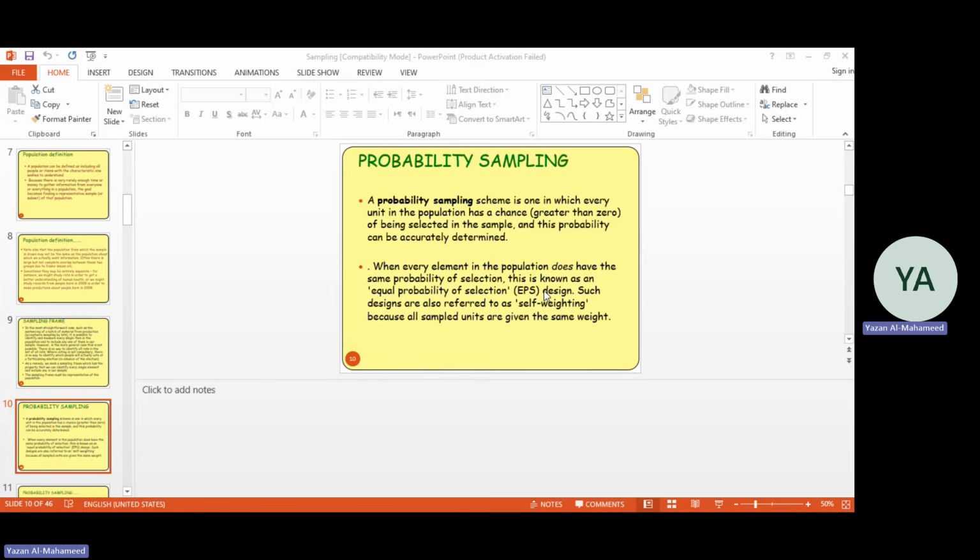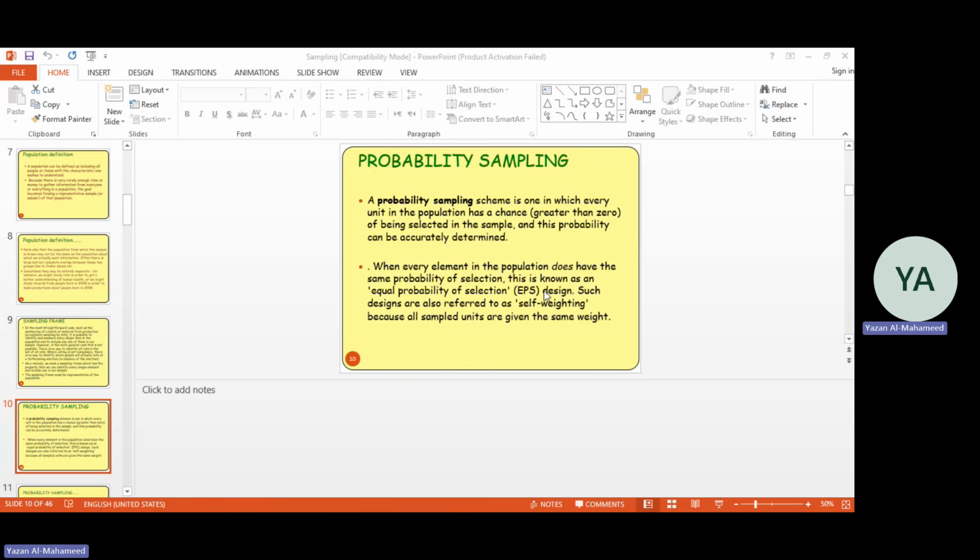While if I conduct non-probability sampling, I directly go to the sample that helps me or serves me to fulfill the objectives of my study. So not all members have an equal chance of being drawn or selected from the population of interest.